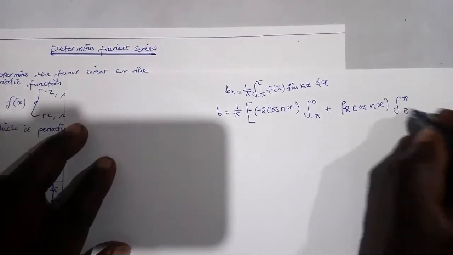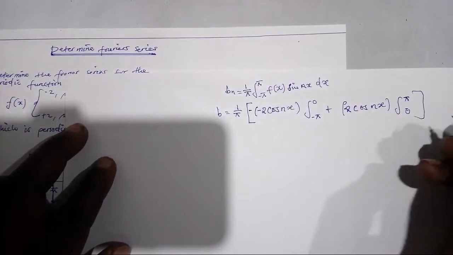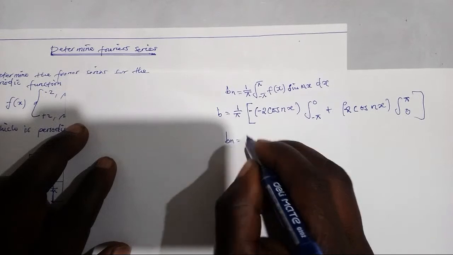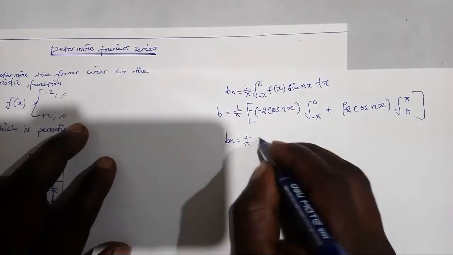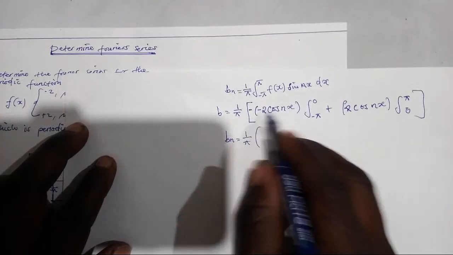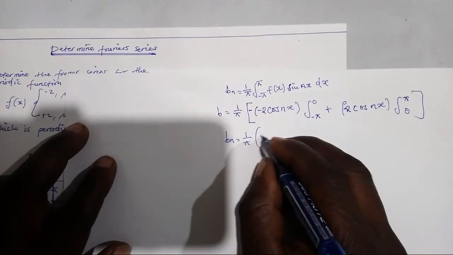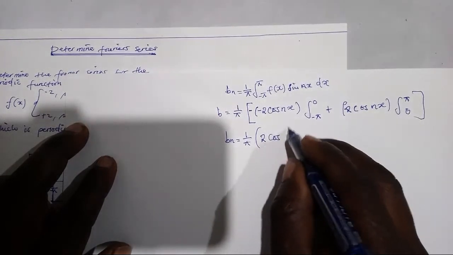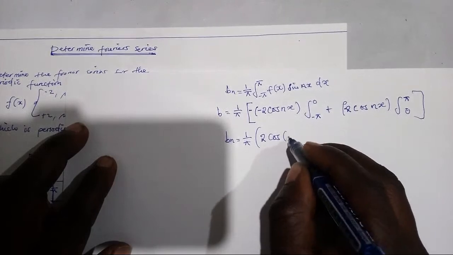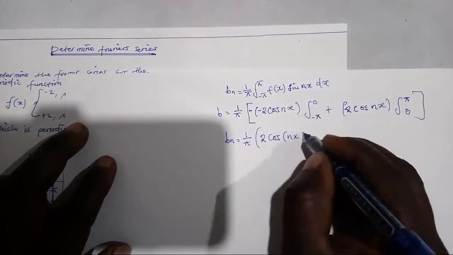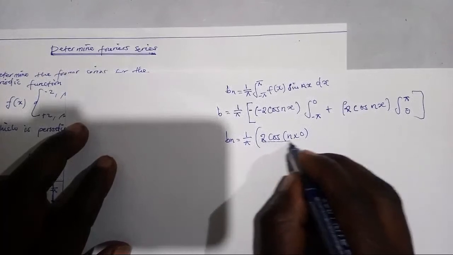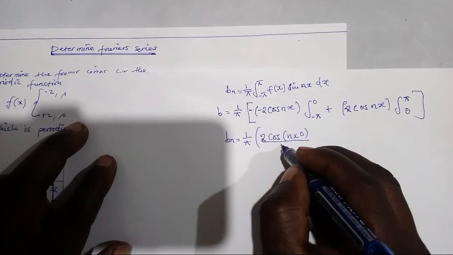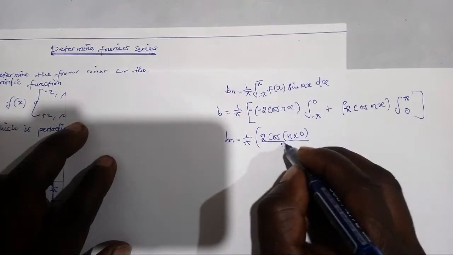Then let's tabulate these values which we have here. You're going to have b sub n equal to 1 over pi, then open bracket, negative and negative go, so we remain with positive 2 cos of n times the upper limit, which is 0, then you divide by the same n. If it was a number like 2 or 3, you divide by the same number, which here is n.